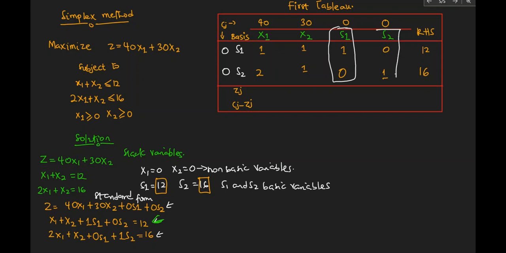Same here. The variables that are on the unit column are known as the basic variables. So in this case s1 will be our basic variable, and then s2 will be our basic variable, and we already said that here. So that means that in this table s1 and then s2 are basic variables. That's one way to confirm from the table, and you have already written them here under the basis column, so that should also tell you.